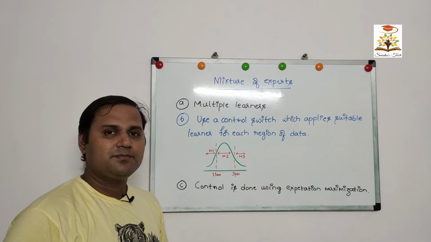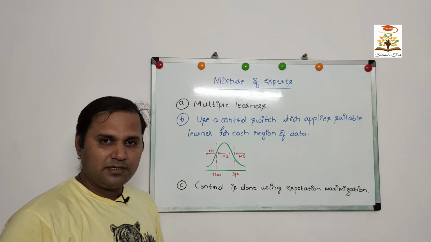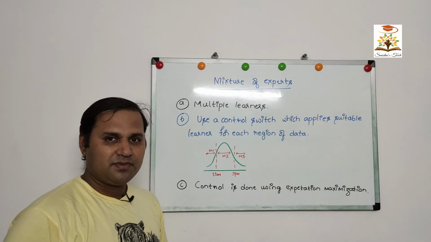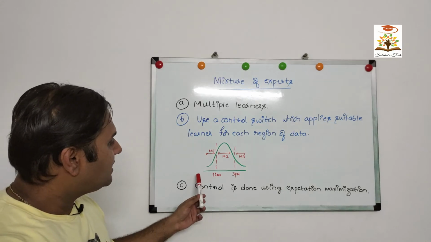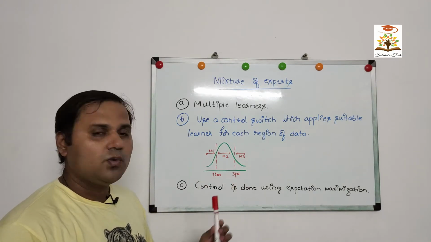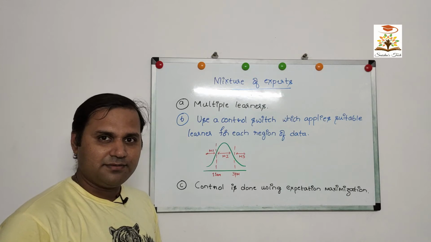For example, say we are predicting solar power, which has a parabolic output. From 6 am to 11 am, it is an increasing trend. From 3 pm to 6 pm, it is a decreasing trend.